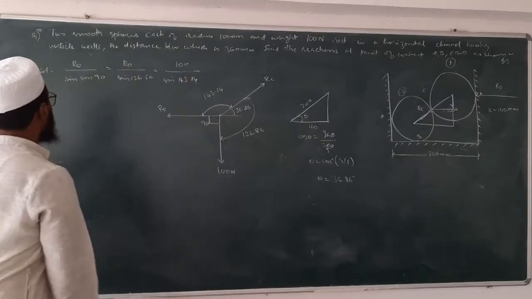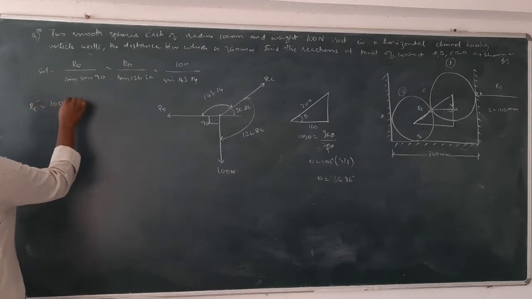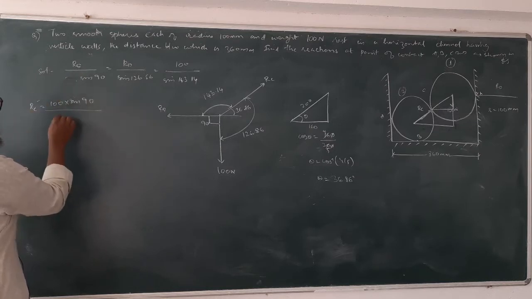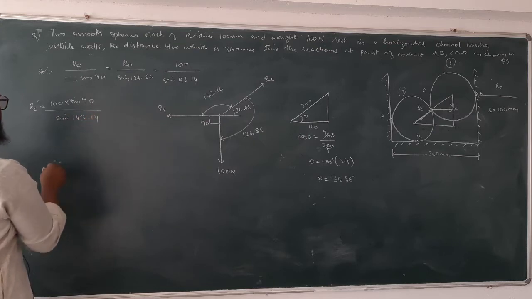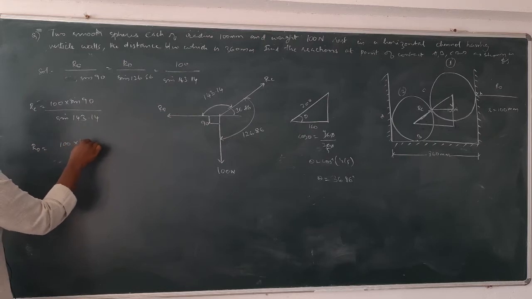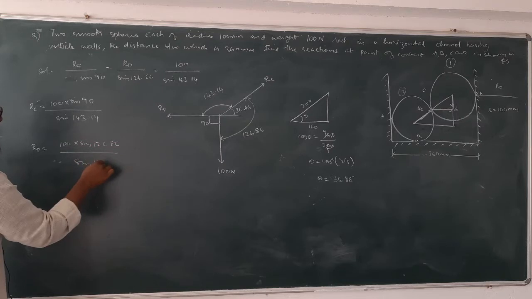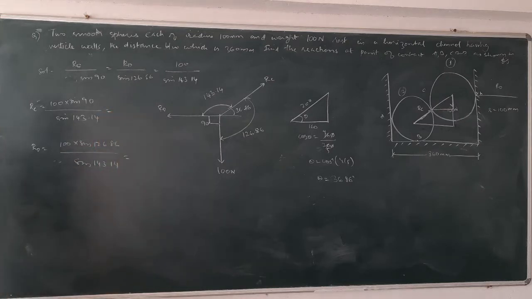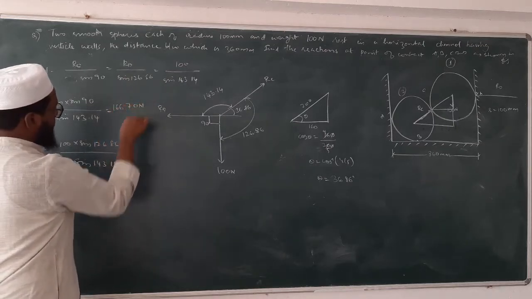Now tell me, RC is equal to 100 into sine 90 divided by sine 143.14. Then RD is equal to 100 into sine 126.86 divided by sine 143.14. RC is 166.70 newtons.